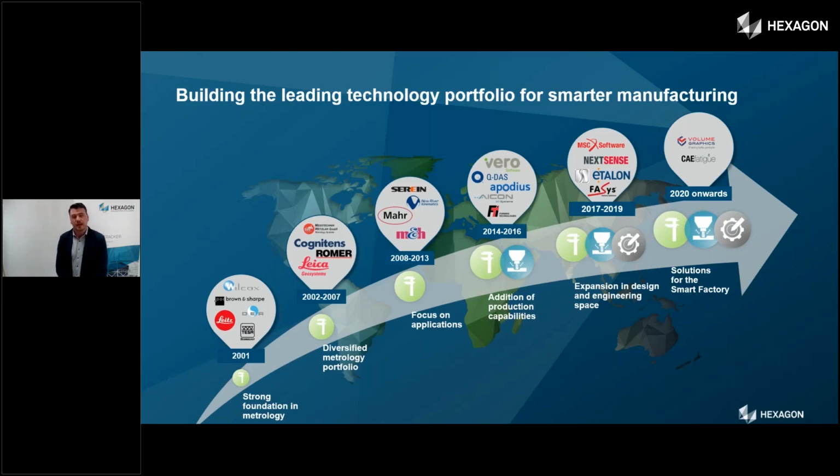What you see today is our laser tracker, an acquisition by Hexagon in 2006, and then you also see Absolute Arms and so on. Further on, we have, for example, Vero as production software, and CAD/CAM solutions with the MSC acquisition. So we are moving now to a complete manufacturing solution. So that's it from the company side.